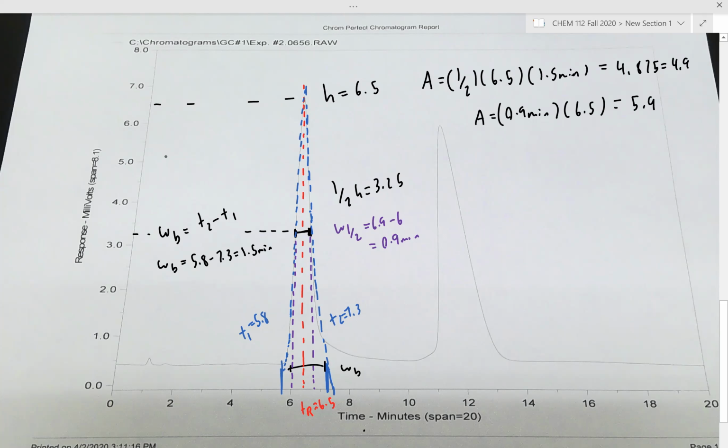We can also calculate the number of theoretical plates, which would be equal to 16 times the retention time over the peak width squared.